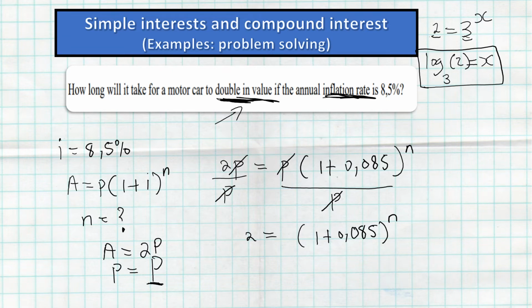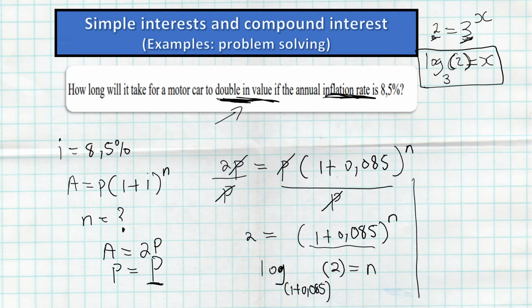So even in this case, my n will be log base (1 plus 0.085) of 2. You can just use your calculator because it has a log of base function.